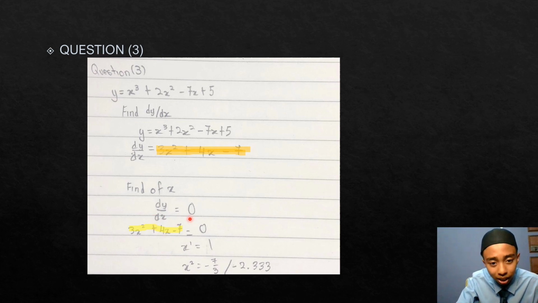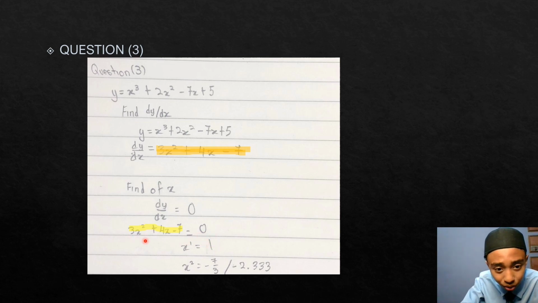We set dy/dx equal to 0, and we factorize dy/dx. 3x^2 plus 4x minus 7, we factorize and we get x1 equals 1 and x2 equals negative 2.333.